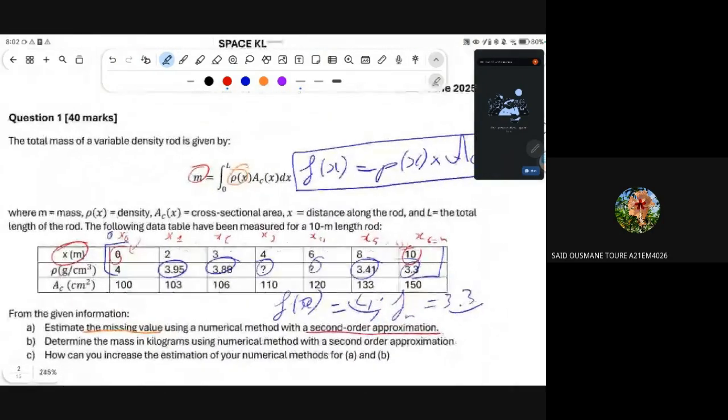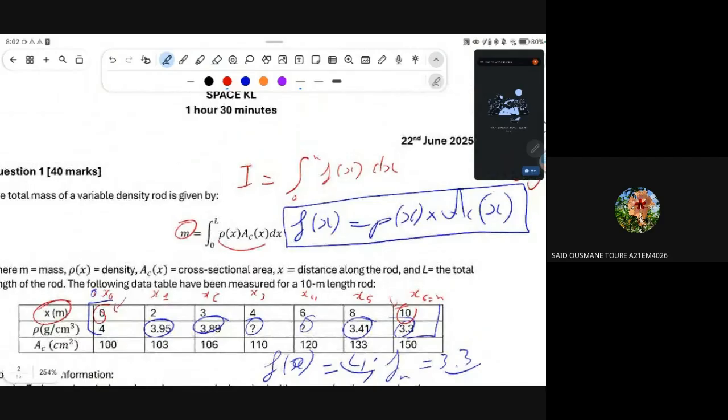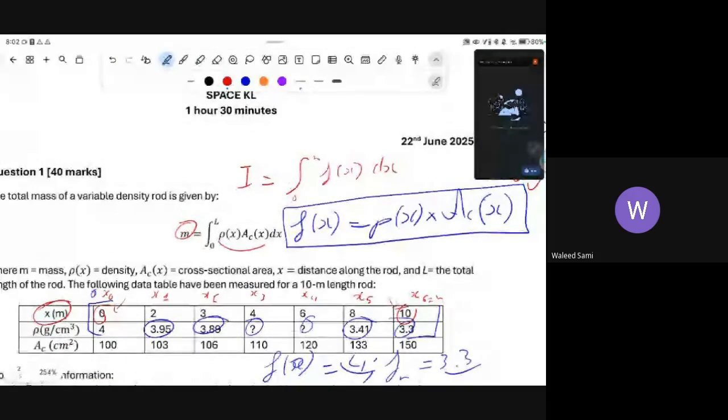Here basically you need to have the same form as the integral from 0 to n of f(x) dx. If they tell you that instead of f(x) you have rho times a, then f(x) equals a multiplication of the values of rho x times a x.